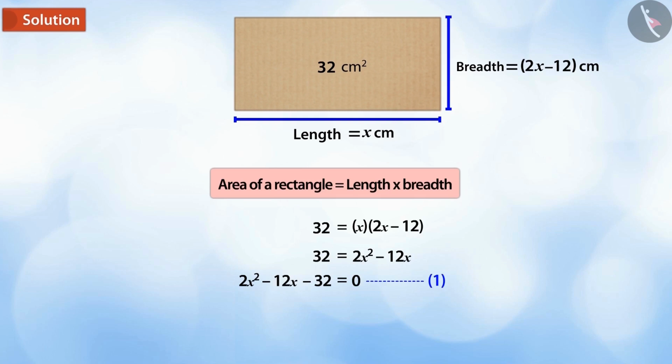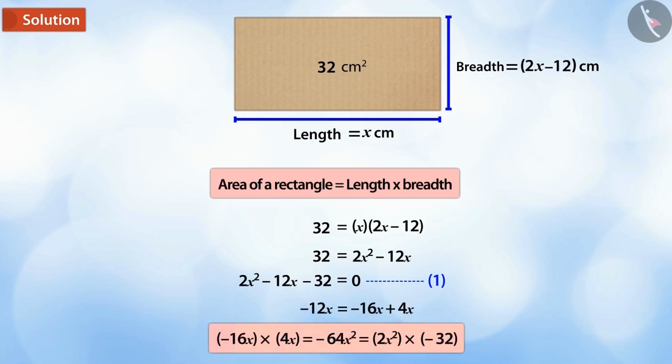Can you find the value of x from this quadratic equation? For this, let's select the middle term of the equation and split it: minus 12x is equal to minus 16x plus 4x.